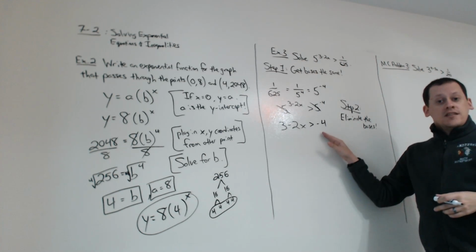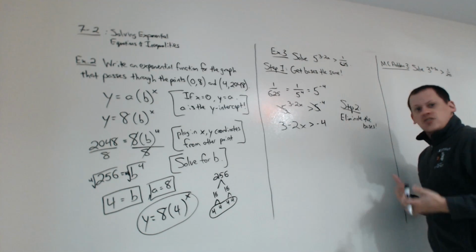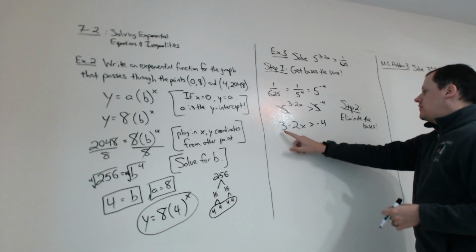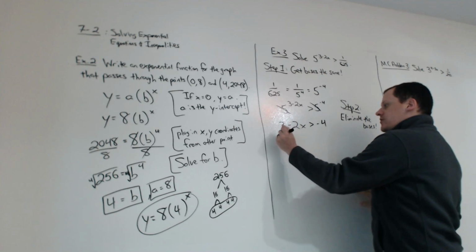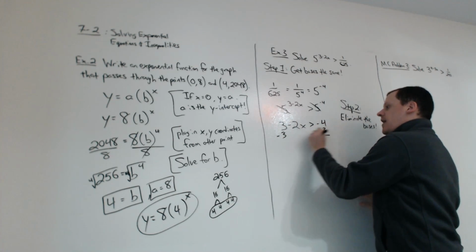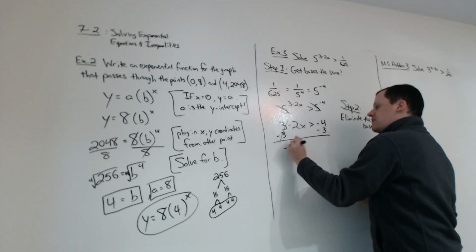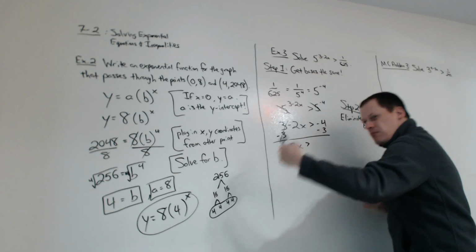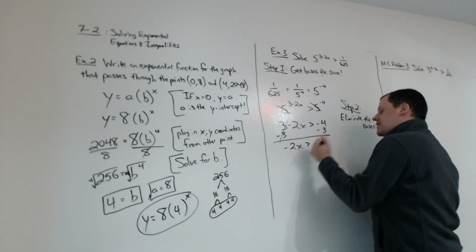We just solve this inequality for x, just like we would any other time. Okay? So we want this x by itself. I would say move the 3 first. Subtract. This is negative 2x is greater than negative 4 minus 3 more. You're going further into the negatives. That's minus 7.